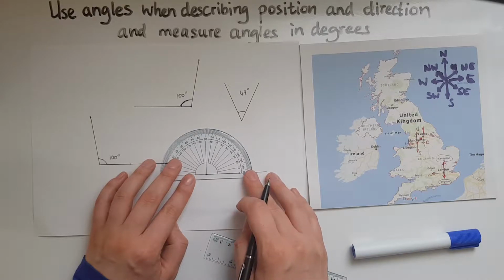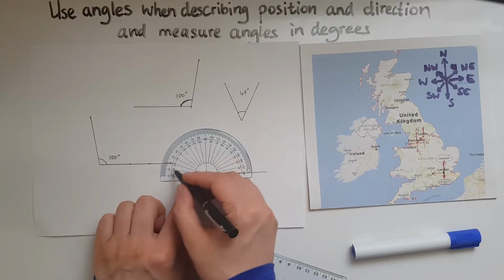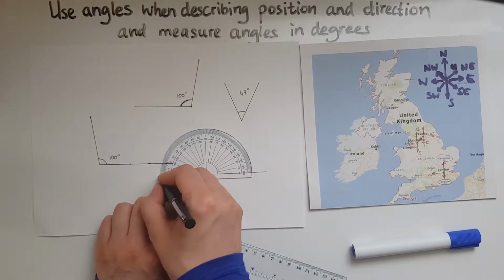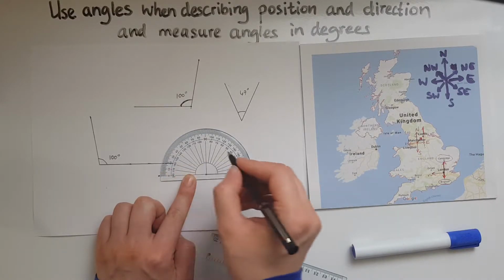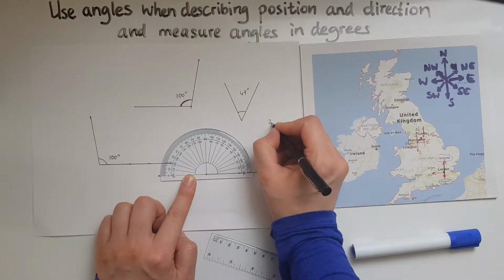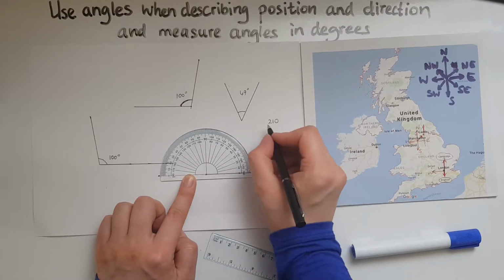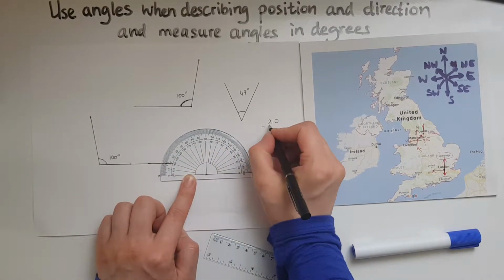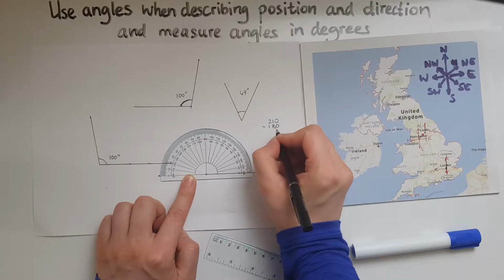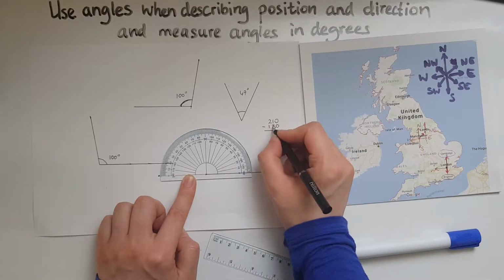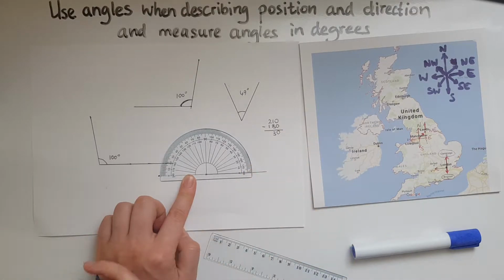As you can see, you start from 0, this goes up to 180, but 210 is bigger, so I'll put a mark there and I'll turn this around. So 210 I said I want, and I've got 180 already, it's a straight line. So how many more degrees do I need to make 210? That is 30 degrees.